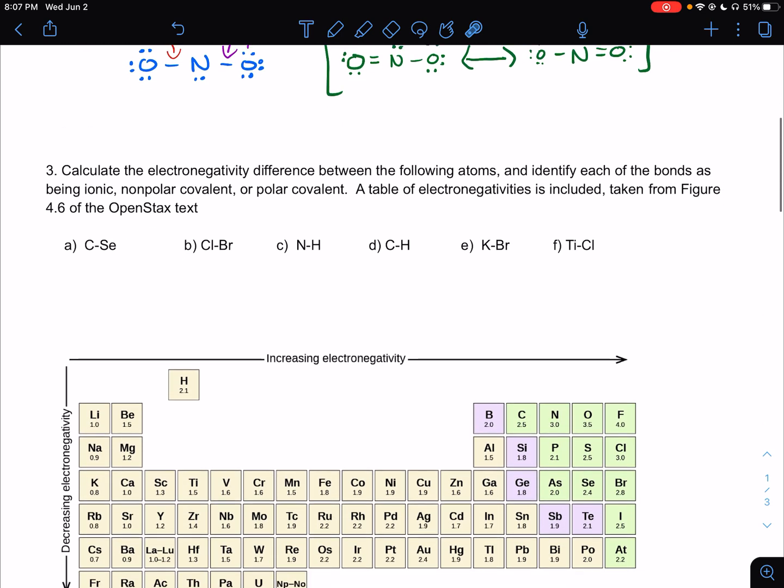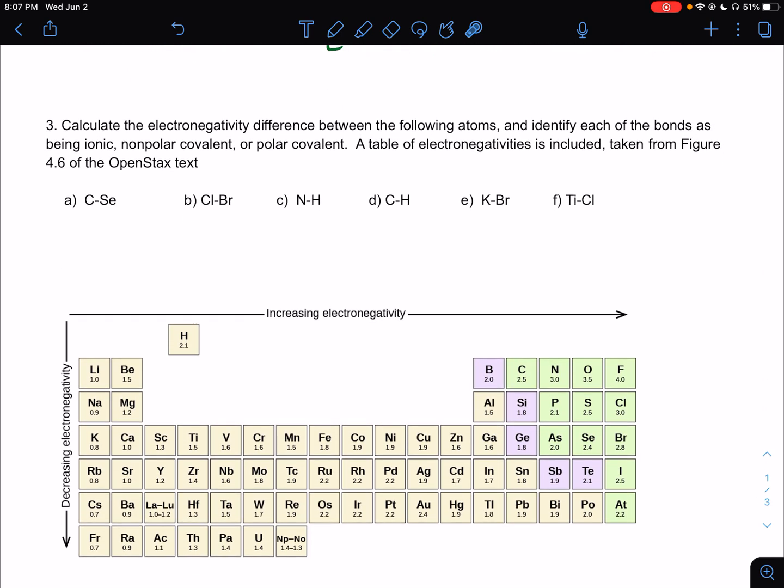In our next question, we are asked to calculate some electronegativity values and identify them as being polar or nonpolar. And so we have carbon Se. So again, look at carbon 2.5, and then Se 2.4. And so we have 2.5 for carbon minus 2.4 equals 0.1.